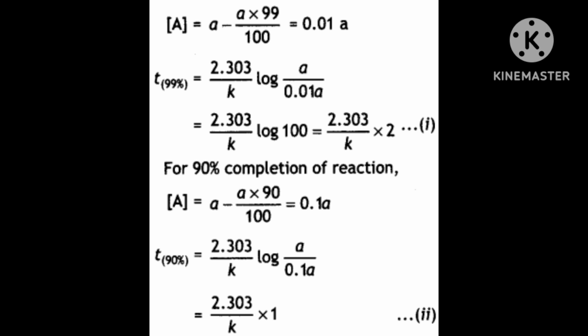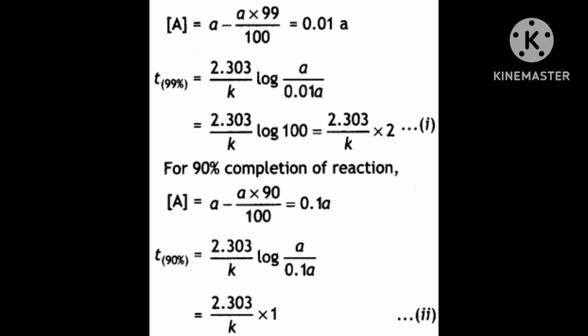Now you put the value of X, which is PT minus Pi, already calculated. If you remove the bracket, then minus becomes plus.